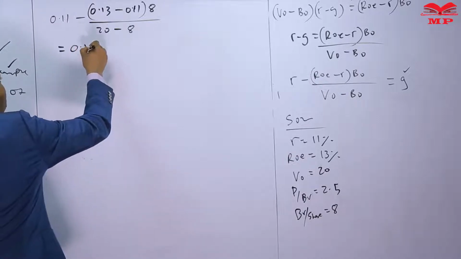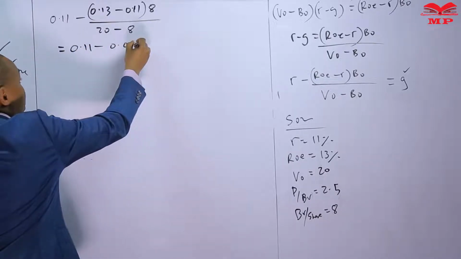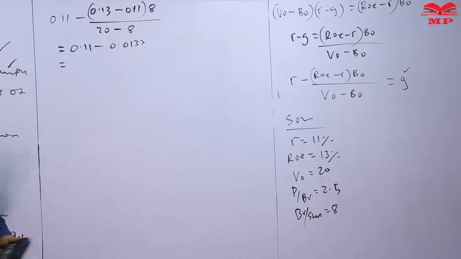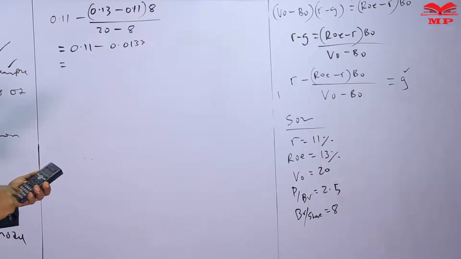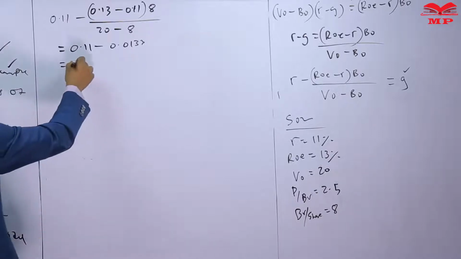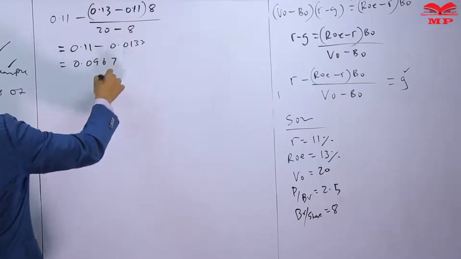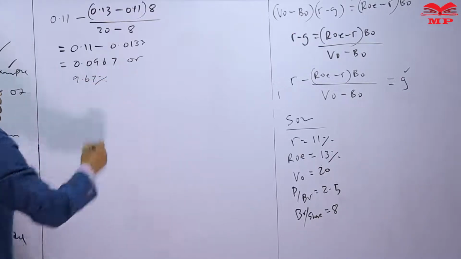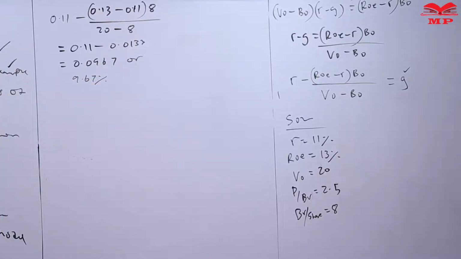So it's 0.11 minus 0.0133. We have how much there? 0.11 minus 0.0133, we have 0.0967. Or we can say 9.67%. That is what we're saying is the implied growth rate right there.